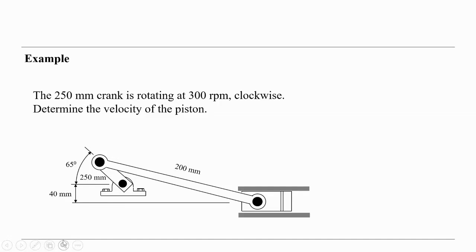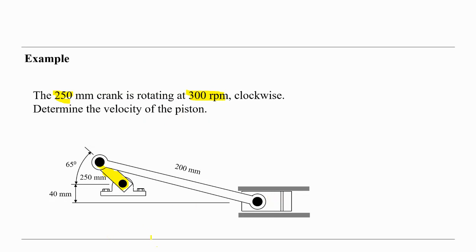This is the crankshaft here, 250 millimeters, rotating at 300 RPM clockwise, and we must determine the velocity of the piston.